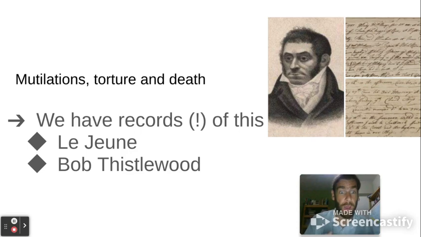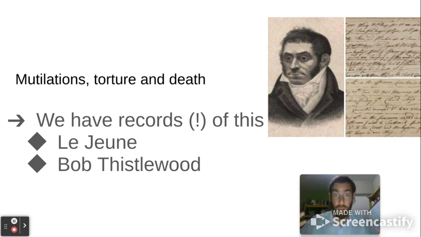And even this French planter, Lejeune, when we read it now, was an awful man. He wrote explicitly what he did with his slaves, how he whipped them, how he tortured them, how he had them executed.